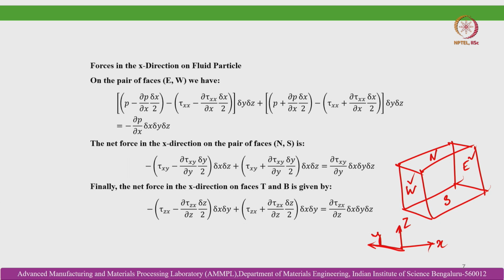If you write in this way, going towards the positive x direction, it is P minus del P del x delta x by 2, and going towards the negative x direction, it is basically P plus del P del x delta x by 2.